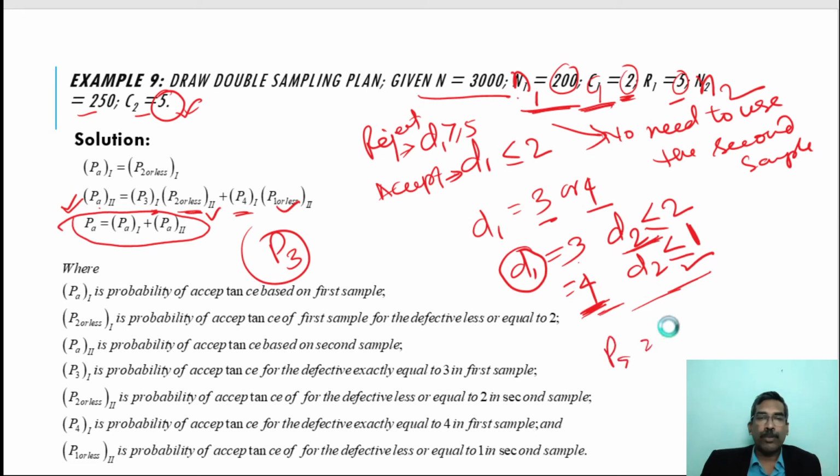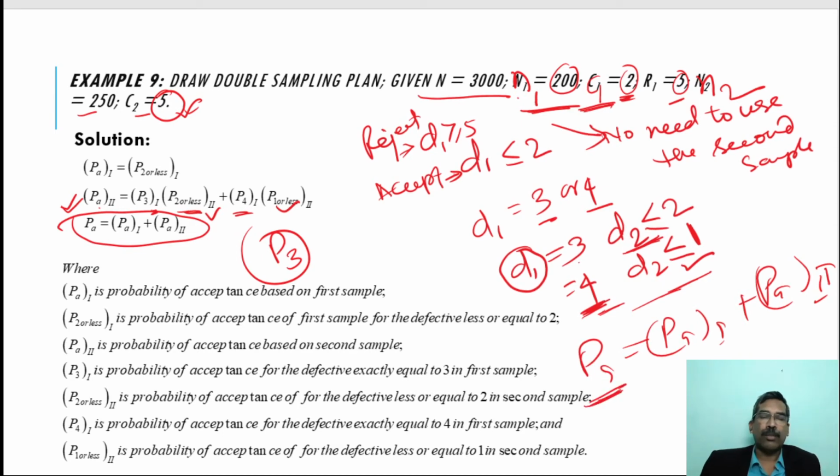PA will be equal to PA1 plus PA2. So the combined probability of acceptance, or you can say the probability of acceptance in the double sampling plan, will be PA1 based on the first sample and PA2 based on the second sample. So both must be added here to find this.